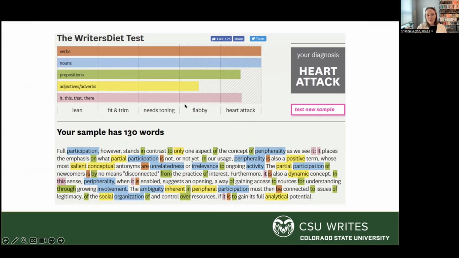But I love that her terms are like, this is lean, right? This is fit and trim prose. This needs toning. And then all of a sudden you get into the flabby or the heart attack range. She's got a sense of humor, and know that it's done by a writer who works with writers.